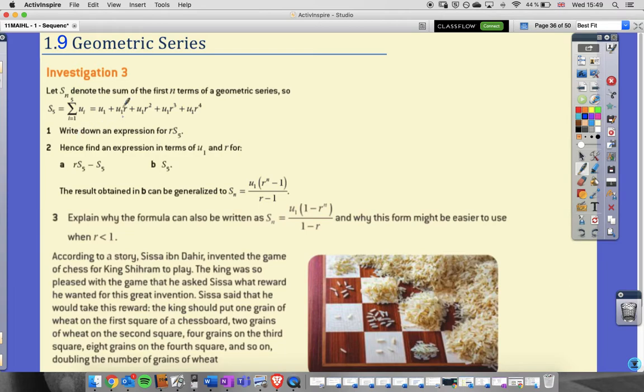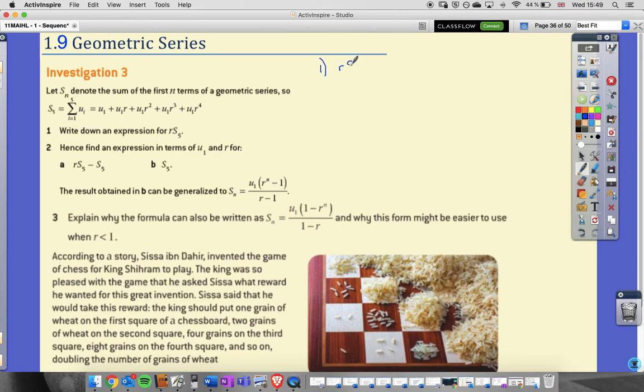We're going to try and come up with a formula that will help us find the sum of this series. So question 1 says write down an expression for rS5. We've got S5, all we're doing is multiplying by r. So I'm going to have to write quite small here.